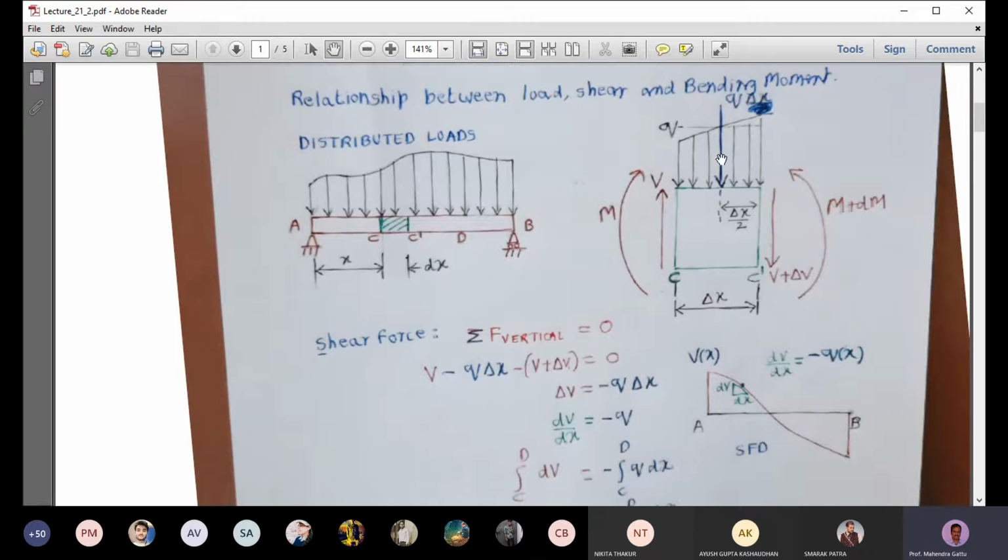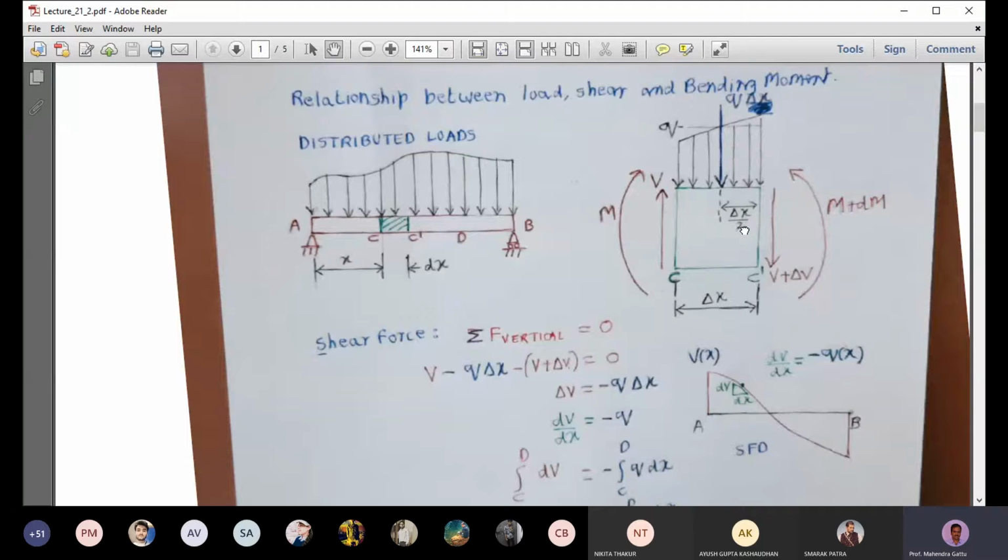In the free body diagram, the distributed load we can make a single concentrated load. The magnitude of that concentrated load will be Q times the length of the segment, so Q times delta x, and it will be acting at the center of this element. So the distance from either edge will be delta x by 2.